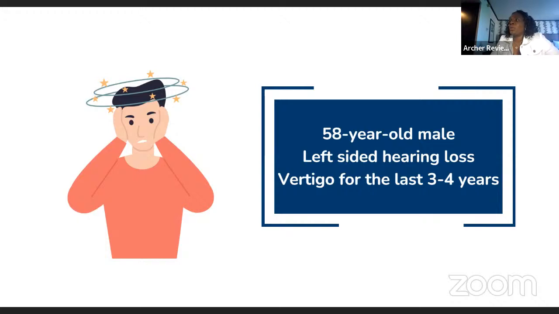What we would do for these types of patients is beyond our scope of practice, unless you're working with the neurologist, but you still will refer to neurology. This is often caused by a tumor on the acoustic nerve, so it's beyond our scope of practice. We definitely want to refer out if we get this type of case coming into our clinics.